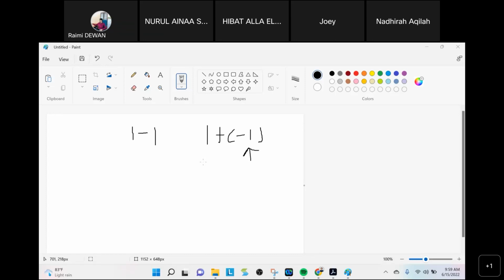Only Joey did. How about the rest? The question using half adder. Try to do question number 9.1, 9.3, and 9.5. This one is adder. The answer is at the back.